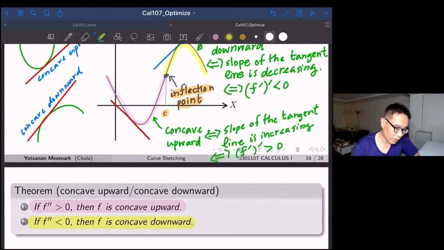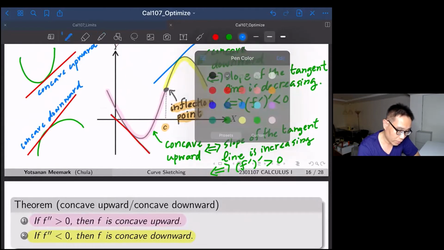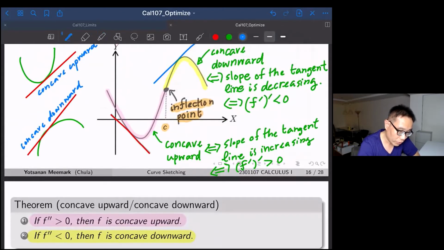Let me put the sign for you. I'm going to put the sign of f double prime. The sign of f double prime that you can see here is positive in this interval up until C, and after C it's going to be negative.